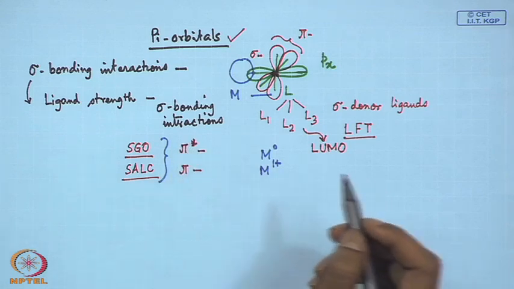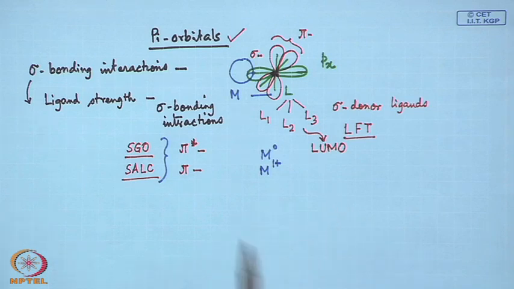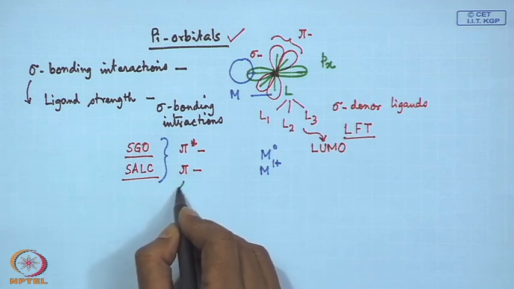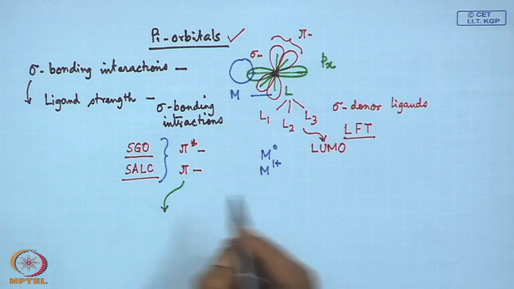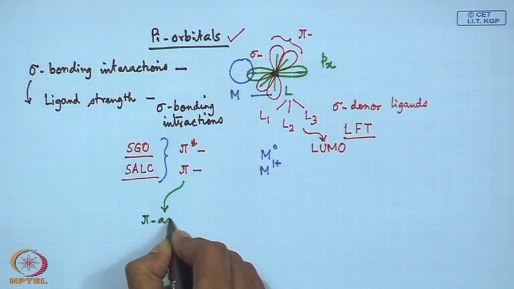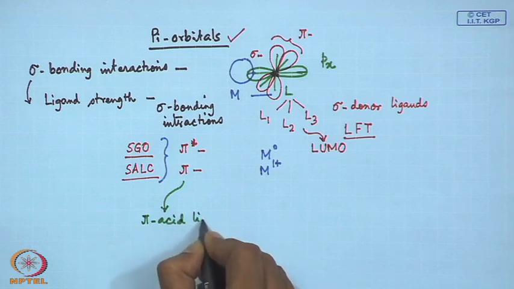So, in today's class we will focus on how we construct these pi and pi star orbitals, because we know from our school days that there are some ligands which we consider as pi acid ligands.